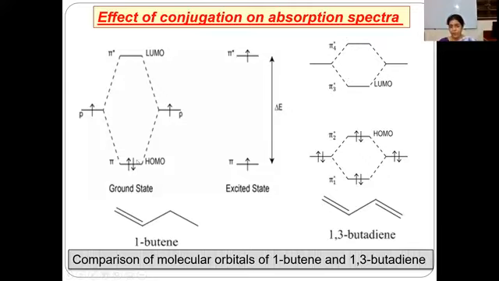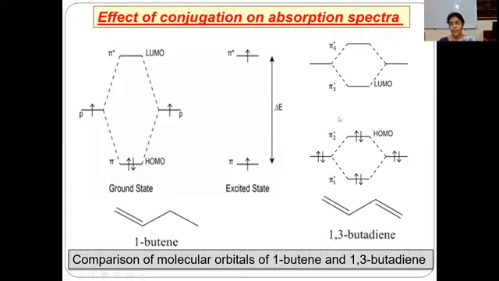Only one transition is possible in 1-butene, from pi to pi antibonding. In 1,3-butadiene, in the ground state, the orbitals pi 1 and pi 2 each contain 2 electrons, and in the antibonding orbitals, 2 vacant orbitals are present.